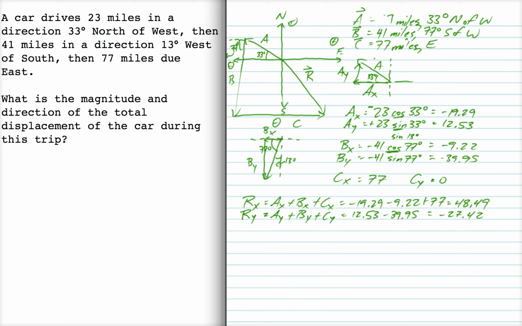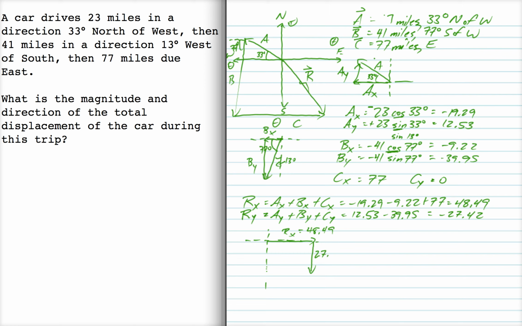Now I've combined my like components and I've got the components of my resultant vector. The last step is to make another triangle using the x component like this. So there's our x, which is 48.49, and the y component, which is a little bit shorter, so I was wrong in my original diagram up here, but I'm in the ballpark.